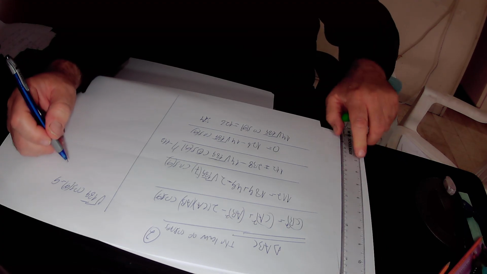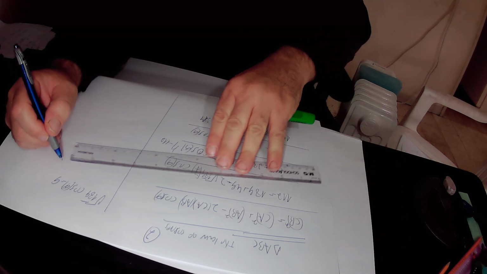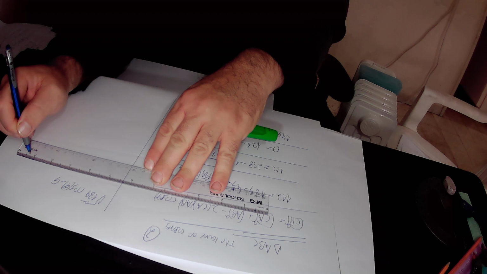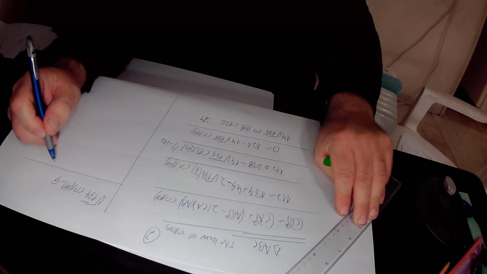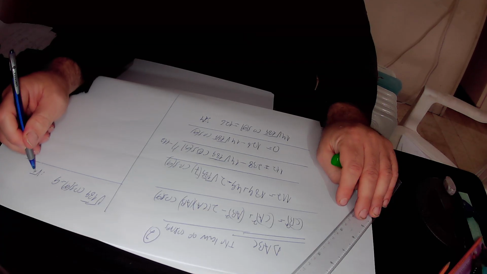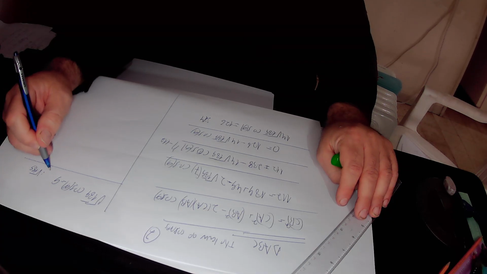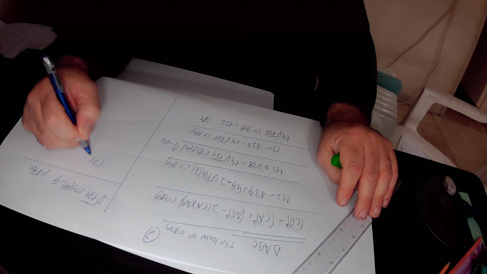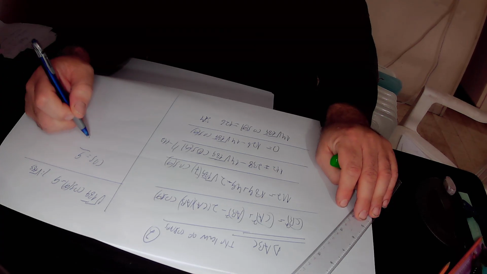So in total we found that the square root of 189 times cosine alpha equals 9. We divide this equation by square root of 189. And we get that cosine alpha equals 9 over square root of 189.